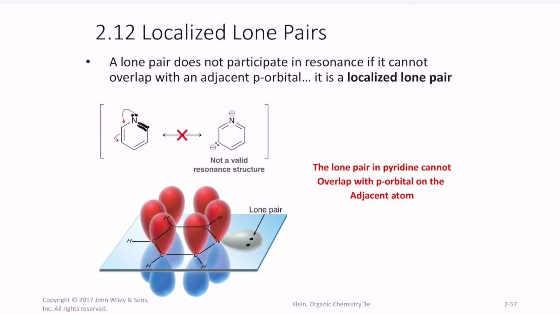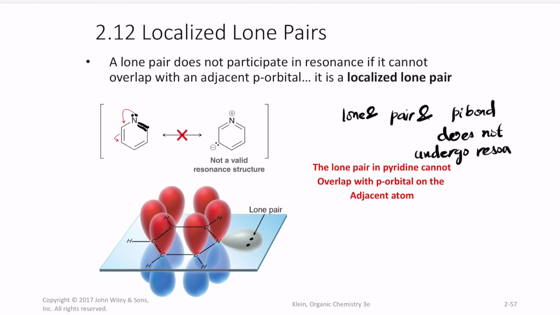A molecule that has a lone pair and a pi bond does not undergo resonance. This is one of the problems: when you have a lone pair and a pi bond, that atom will not undergo resonance.